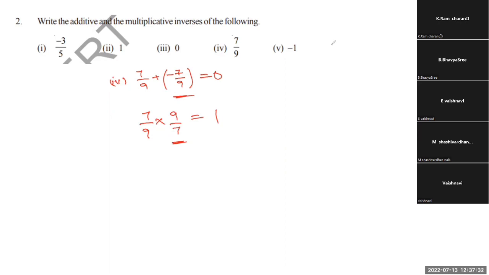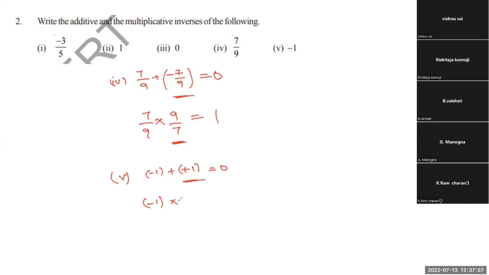Now what about the last one, the fifth one? The additive inverse of plus 1 is minus 1, because while adding with plus 1, we get the result 0. What is the multiplicative inverse? Minus 1 into minus 1.